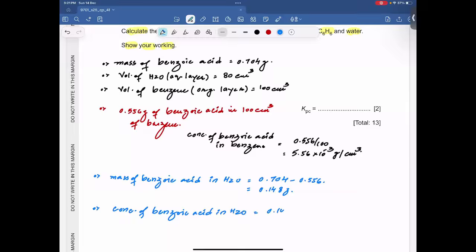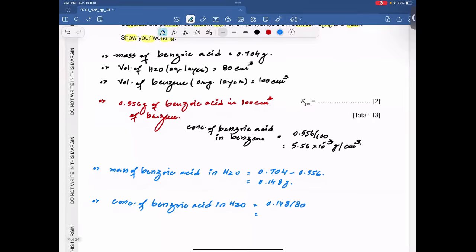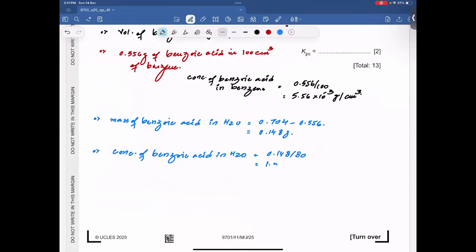So it's 0.148 divided by 80. So you will get 1.85 into 10 to the power minus 3 gram per cm cube.